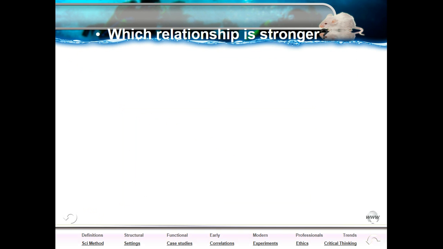Now, let's go back to the strength of the relationship. Remember, whichever correlation coefficient is closest to 1.0 is the stronger relationship, but it can't go above 1.0. Let's take a look at these examples. If you look at positive 0.5 or negative 0.80 or positive 0.73, and I'm asking which relationship is stronger, you're only looking at the number that's closest to 1.0.